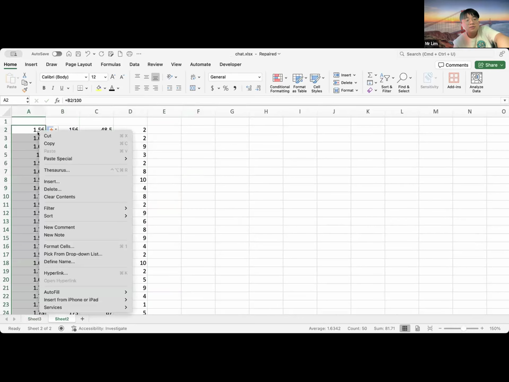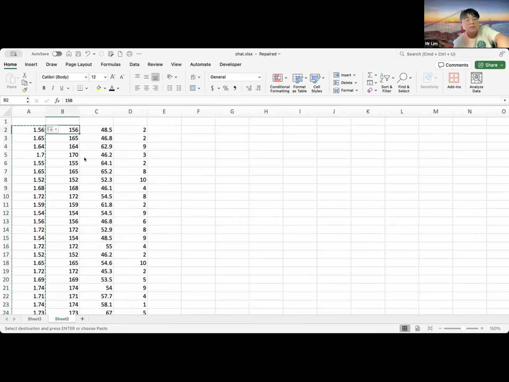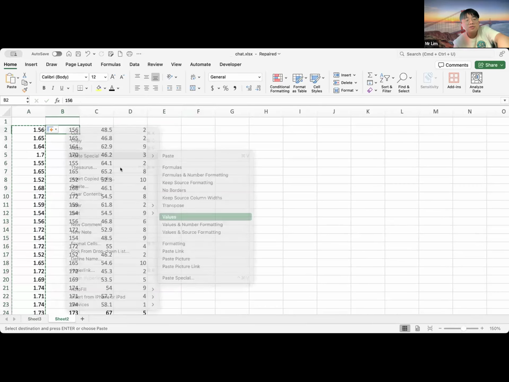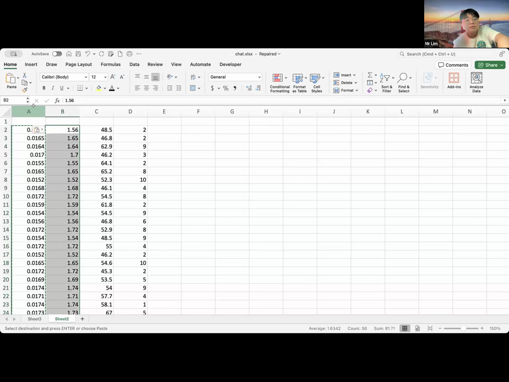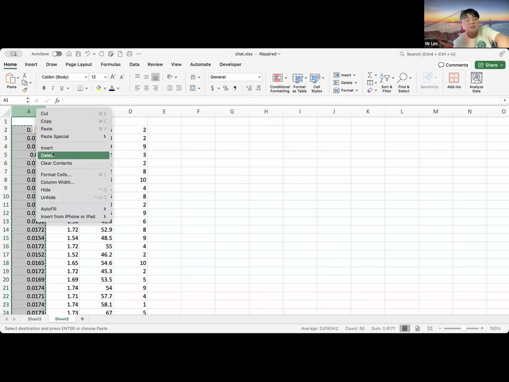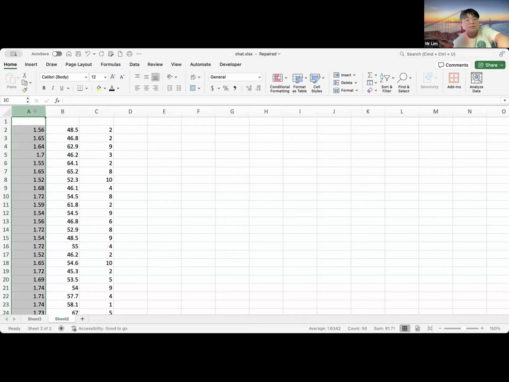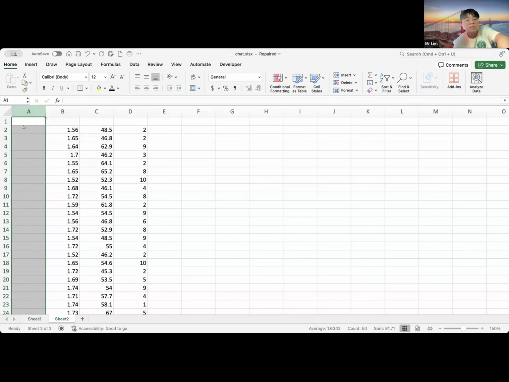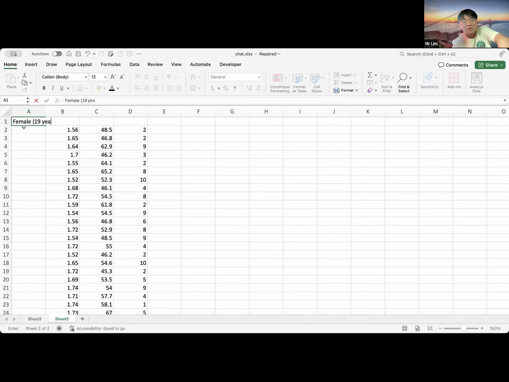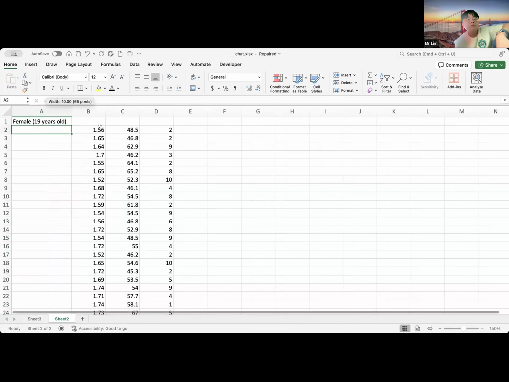And then copy, paste special values. This one, delete, insert back. So this is for female, 19 years old, right?